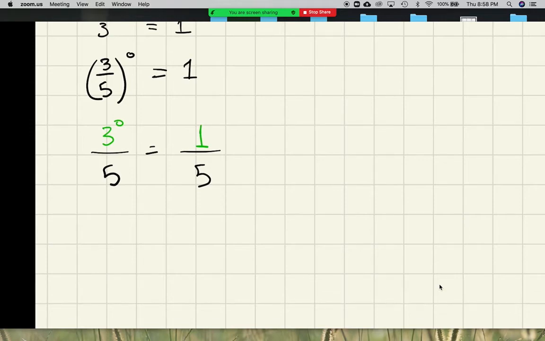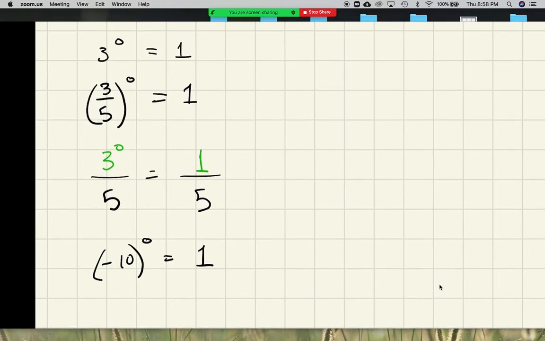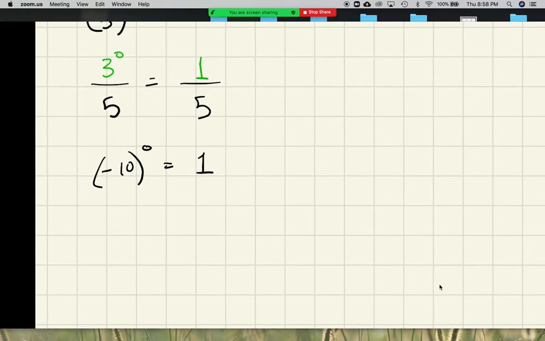Let's say we have negative 10 in parentheses to the 0. Still just 1. Same rule applies. It doesn't equal minus 10.